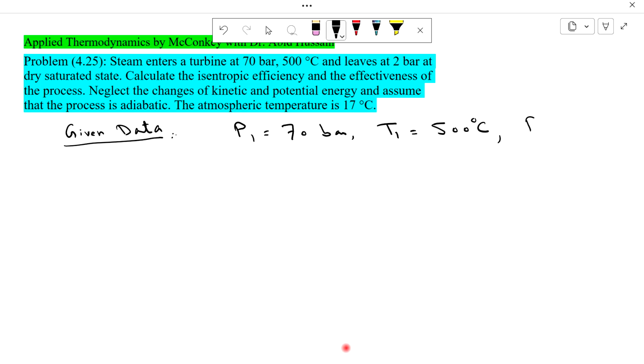Final pressure P2 is 2 bar at dry saturated state. The final state of the steam is dry saturated.